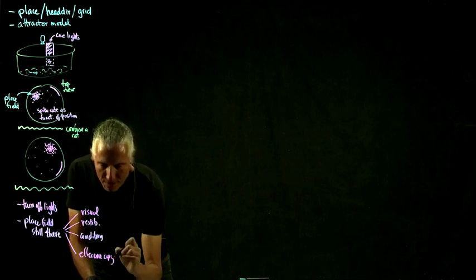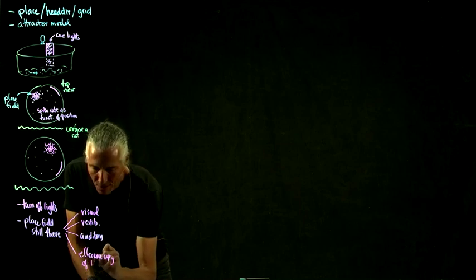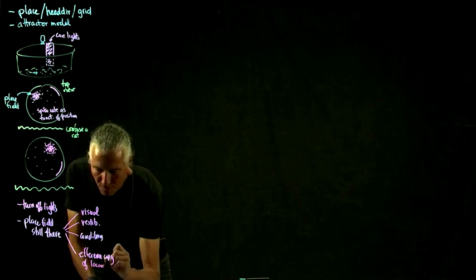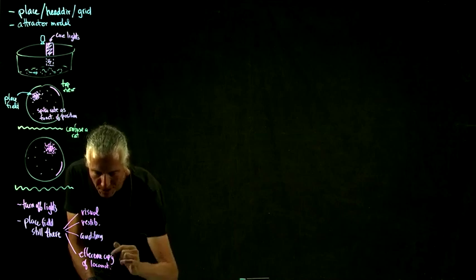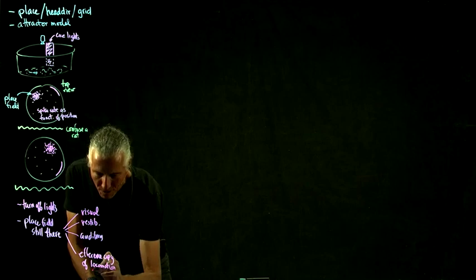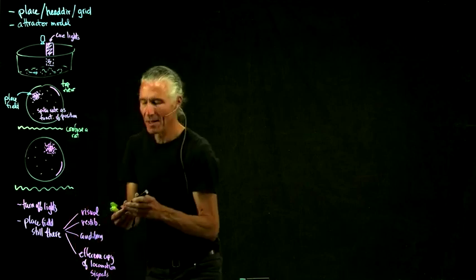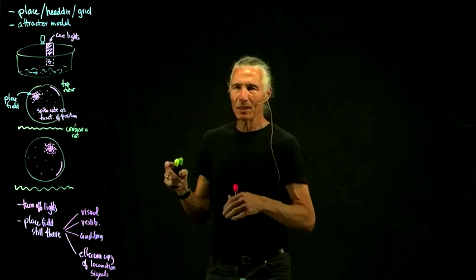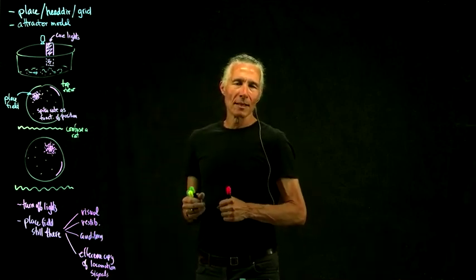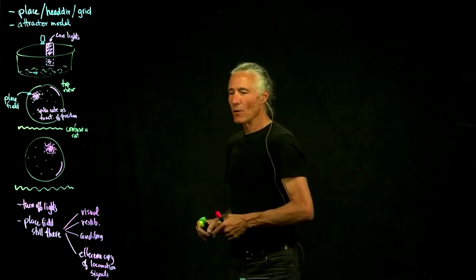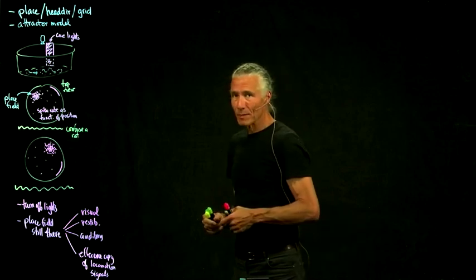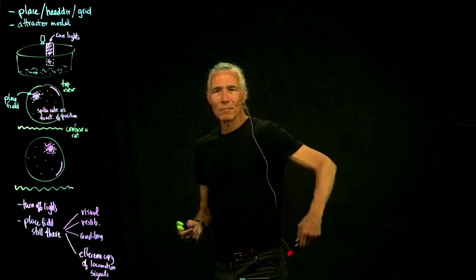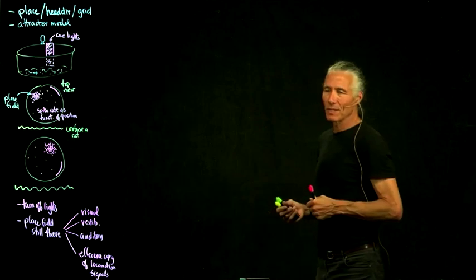So efference copy of locomotion signals. And so basically, the place cell must have information from how many steps you took. And so it has to know what direction you are, so what's your head direction in the environment, because if the place field happens to be right here, if I back into the place field, the cell will fire.